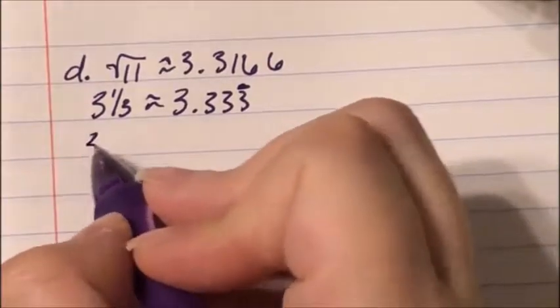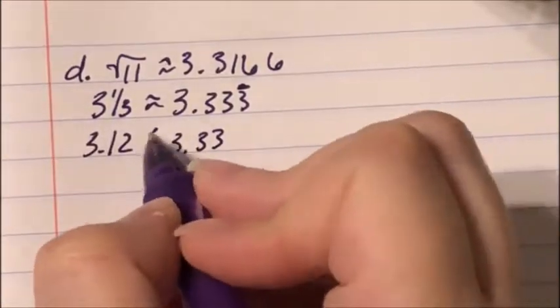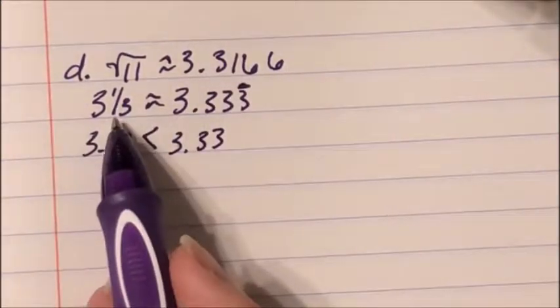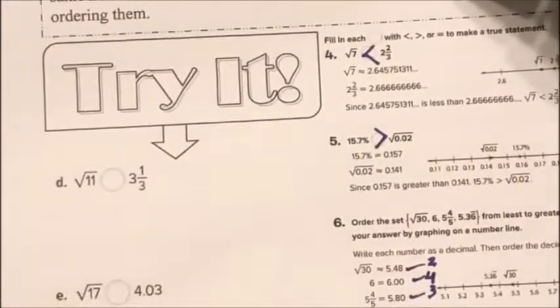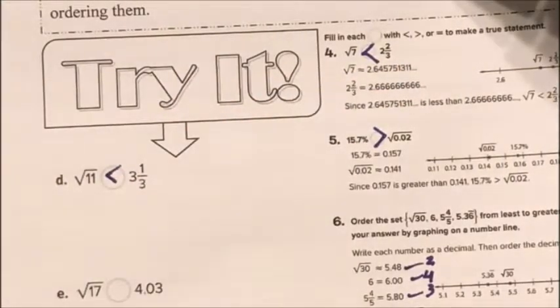Because I can technically go 3.31 and 3.33. This is bigger. So 3 and 1/3 is bigger. So I come back over here. It's letter D. Square root of 11 is less than 3 and 1/3.